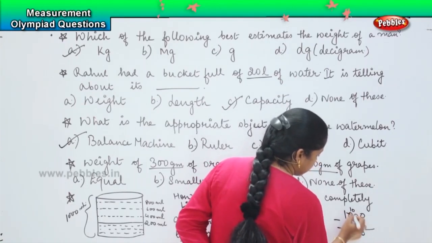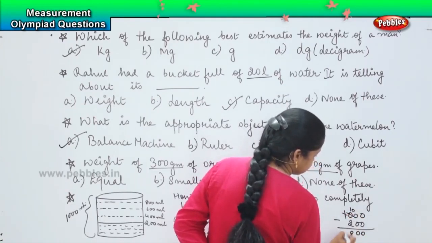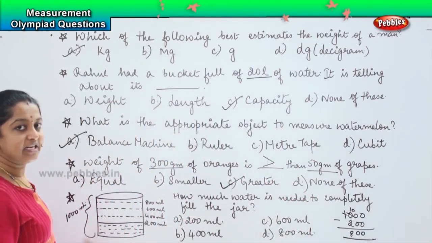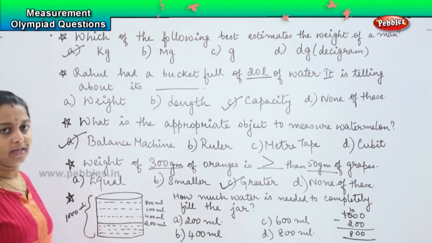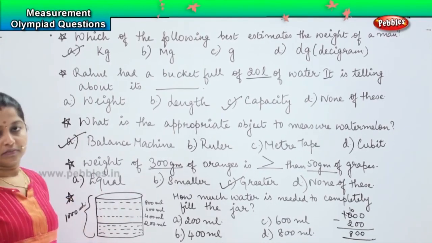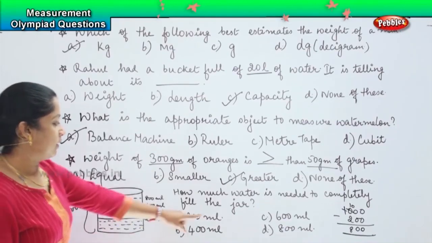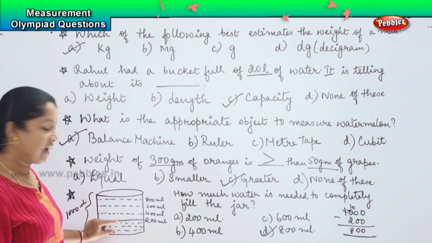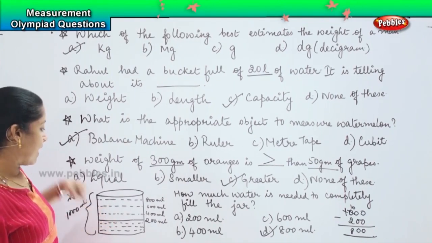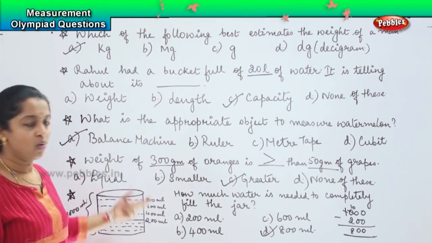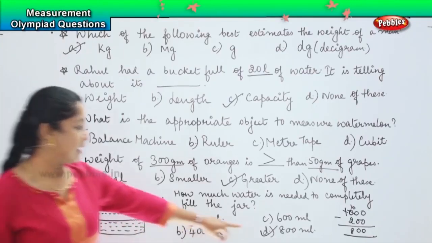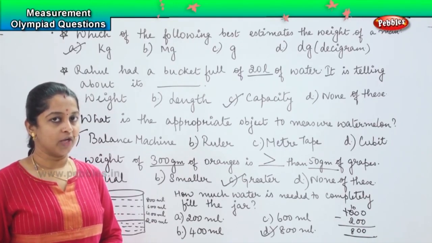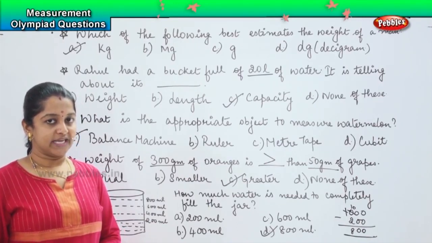So 10 minus 2 is 8 and 0. Which means that if I fill 800 milliliter extra, this jar will be completely full. So the answer is 800 milliliter. Since it already has 200, we cannot add another 1000 because it will overflow. So if I add another 800 milliliter, my jar will be complete. So are you clear? Shall we move with the next set of questions?